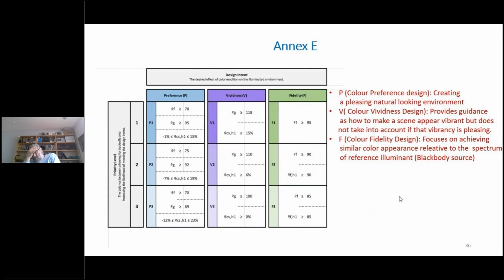And fidelity focuses on achieving similar color appearance relative to the spectrum of the reference light. And each criteria has its own basically rules. So you could have high values for two of them and a low value for one of them. So a low value for one would accommodate having higher values for the other two.